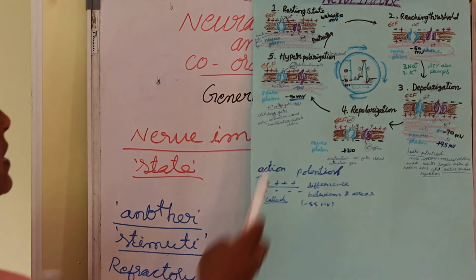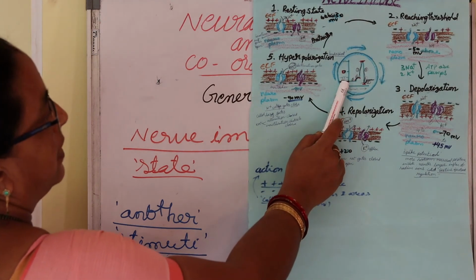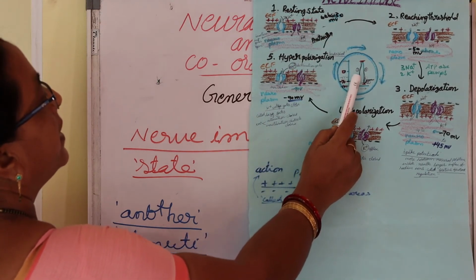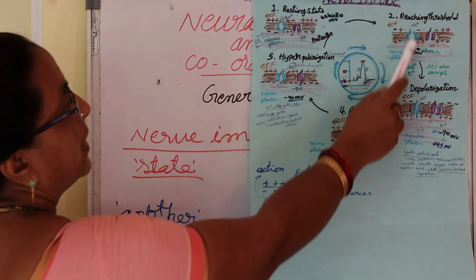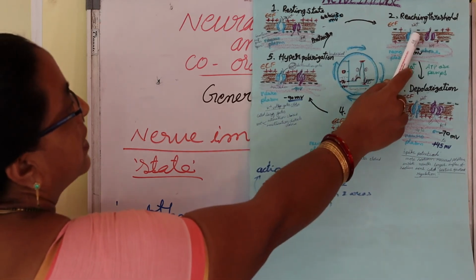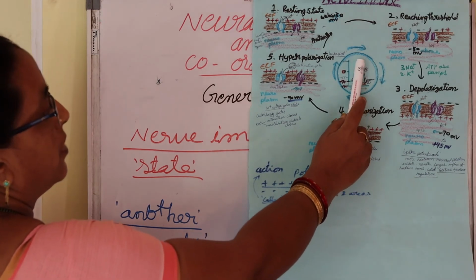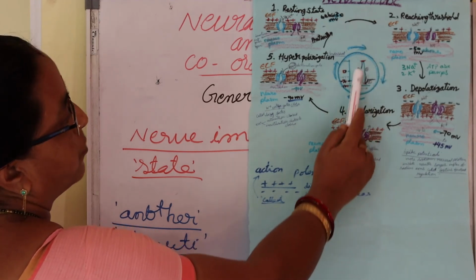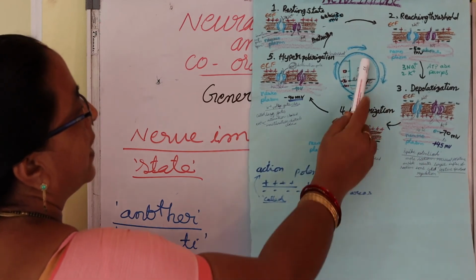This minus 70 millivolts indicates the resting state, and it continues until it reaches minus 55 millivolts, which is the threshold stage. After reaching the threshold, more positives increase and above zero it reaches plus 45, the spike potential and positive feedback regulation.